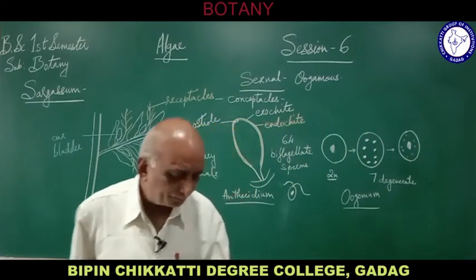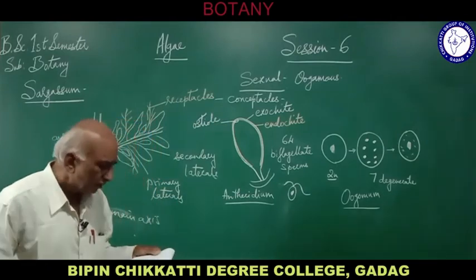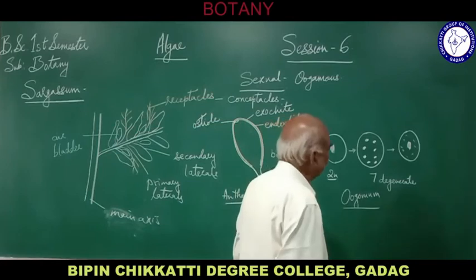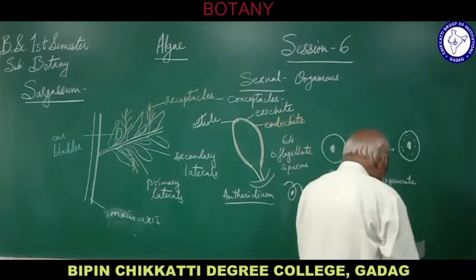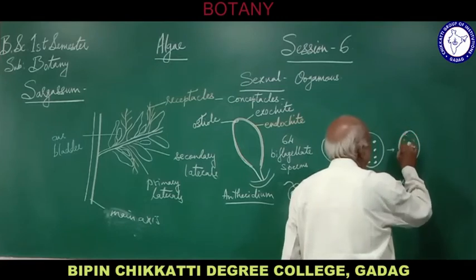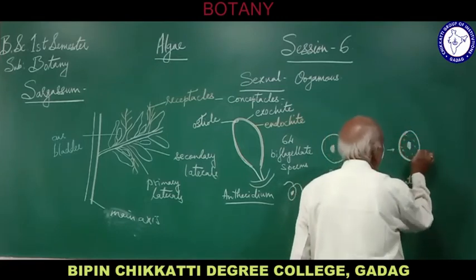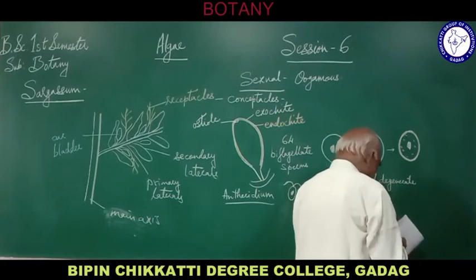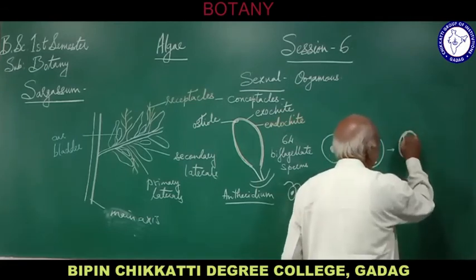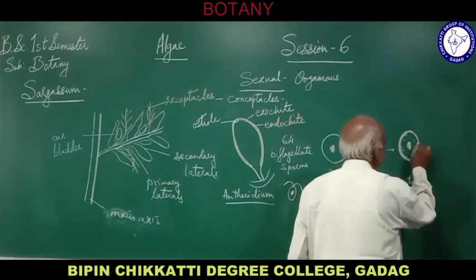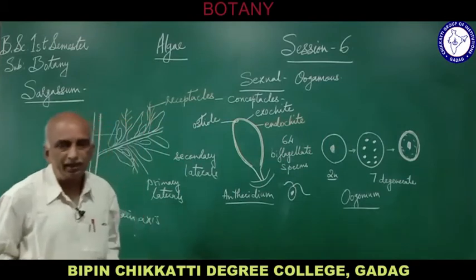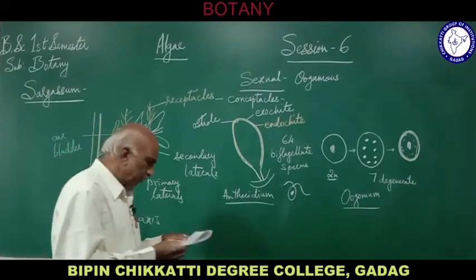And this oogonium which is formed, again there is differentiation of 3 layers in this oogonium. So this is the outer layer, and this is the middle layer, and there is the inner layer. So the oogonium differentiates into 3 wall layers.